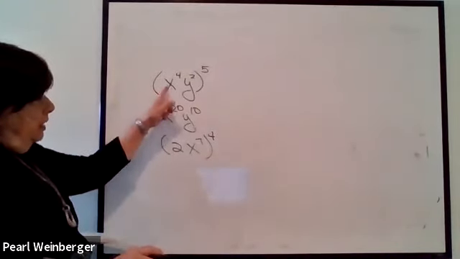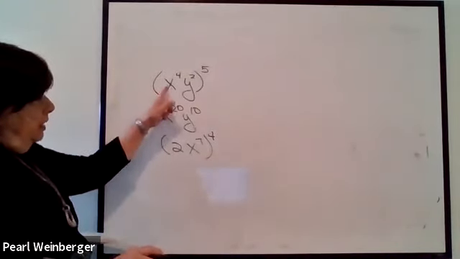I took each of the factors, each of the things that were being multiplied, and just put the fifth exponent to it. So I'm going to do the same thing over here. This 2 really is 2 to the first power. If there's no exponent on something, it's understood that its exponent is 1.